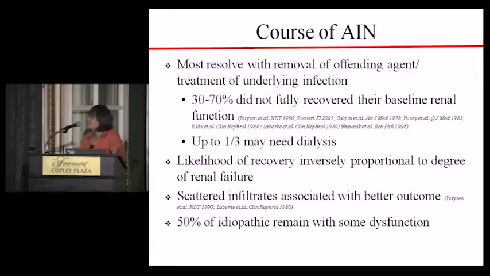And a scattered pattern of infiltrates is normally associated with a better outcome. Also know that among patients with AIN, about 30% end up requiring dialysis. And 50% of patients with idiopathic AIN usually end up with some degree of renal dysfunction.